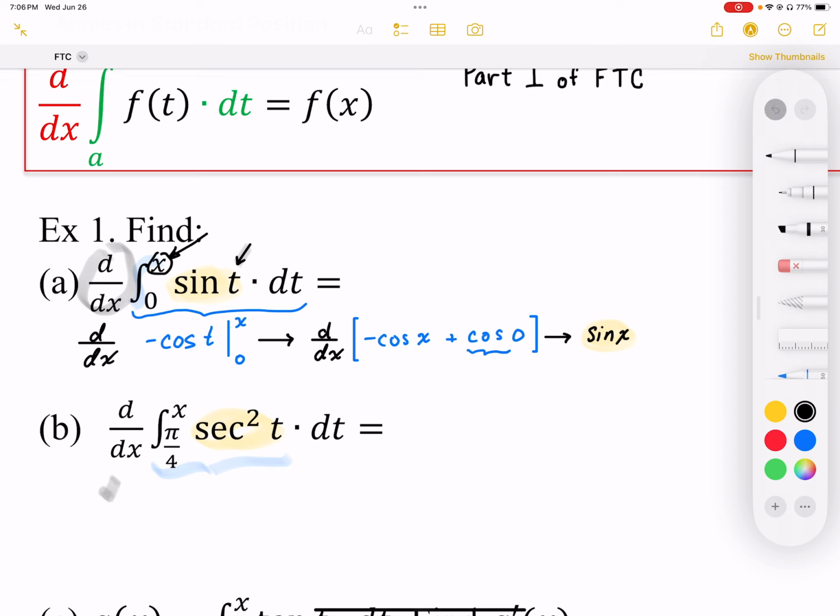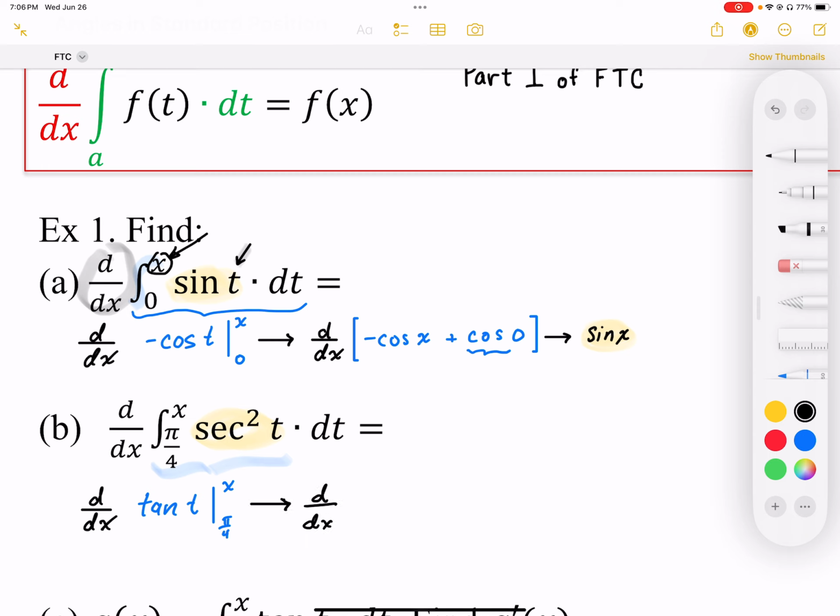I'm going to do that inside first, so the integral first. So d by dx, the integral of, in this case, I'm going to use the antiderivative tan of t, and putting in the bounds from pi over 4 to x. I'm going to apply the bounds to this expression.